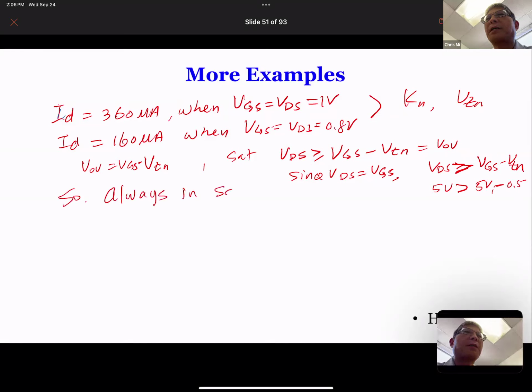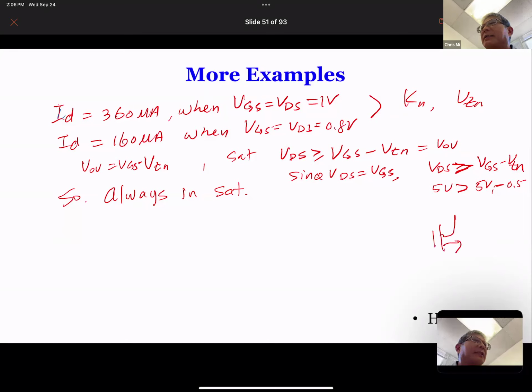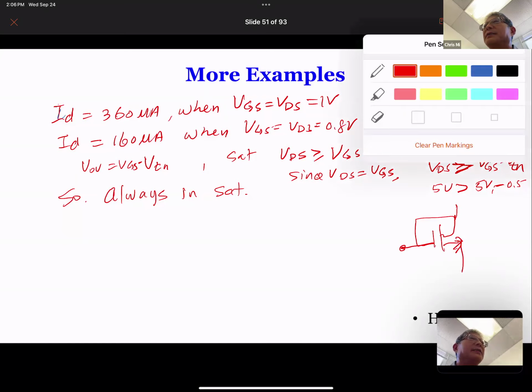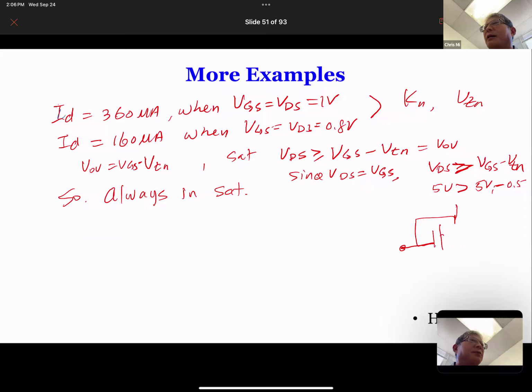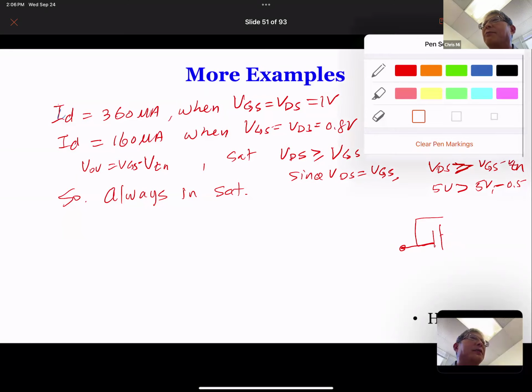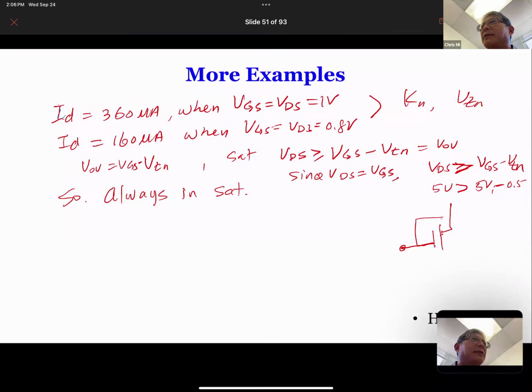in saturation. So this is a property we use in the future: if we connect the gate to the drain, it will guarantee that the MOSFET is in saturation.